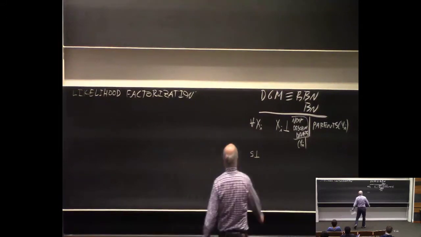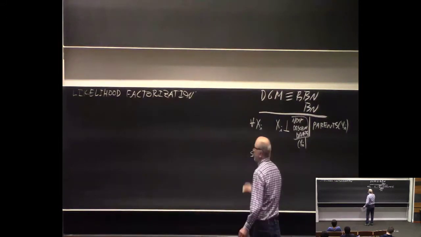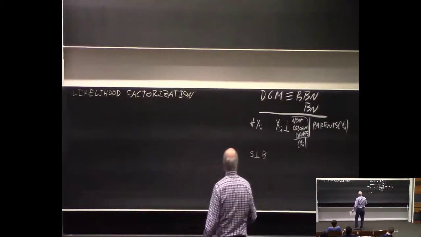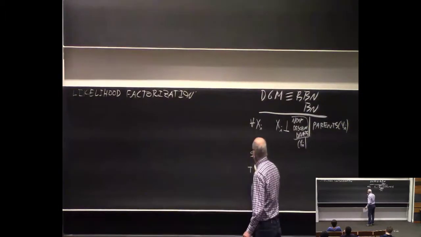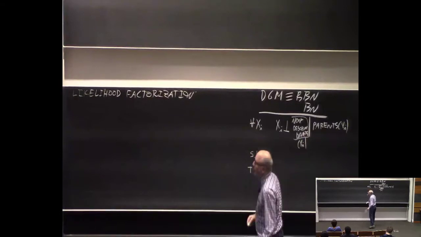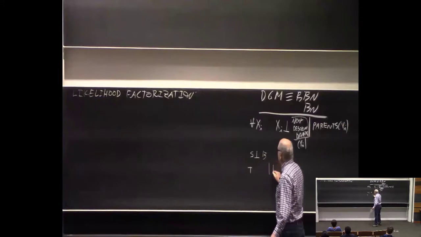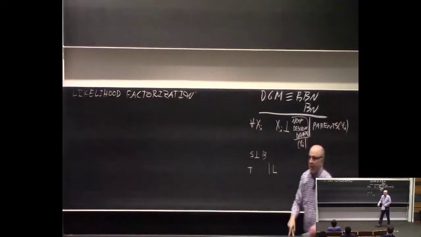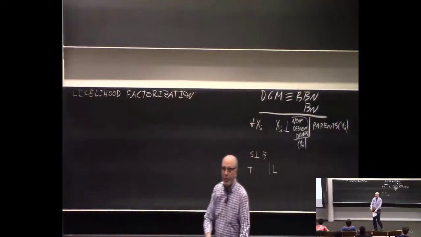That's the only non-descendant. What is thunder independent of? Thunder has to be conditioned only on lightning. So remember that parents means direct predecessors, only one layer up. Descendants means children, grandchildren, great-grandchildren, and so forth.